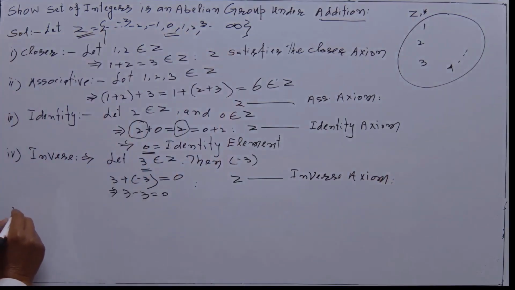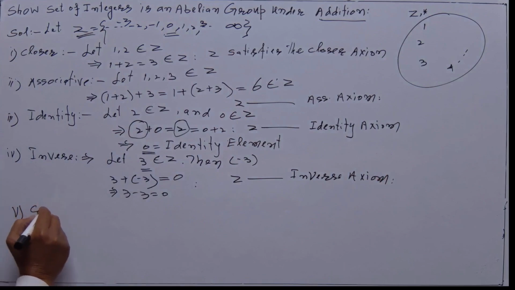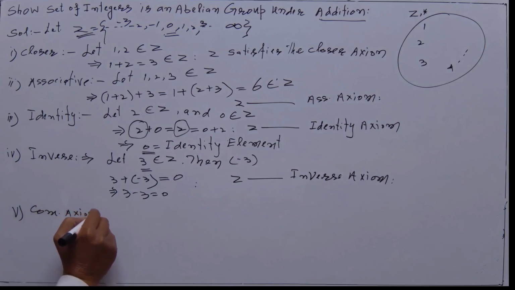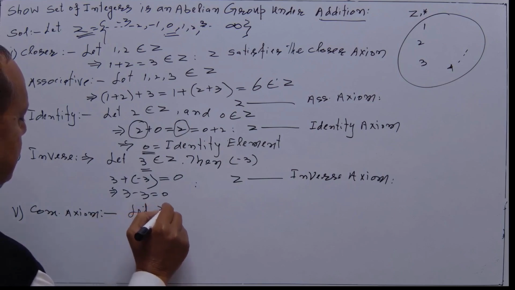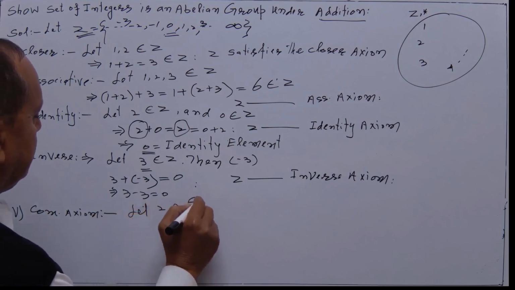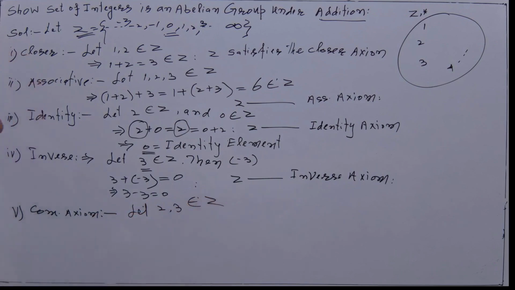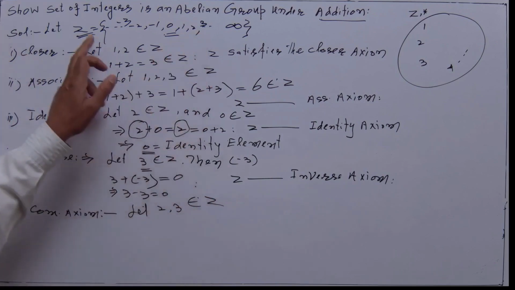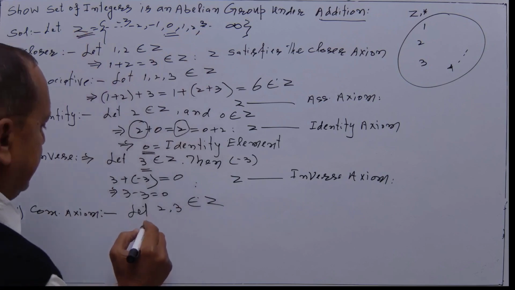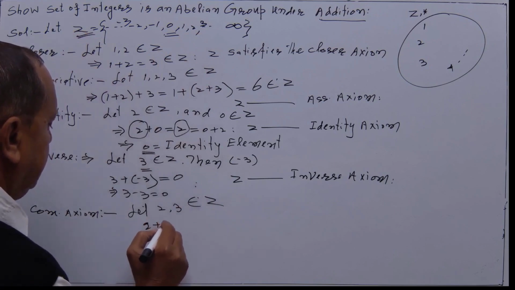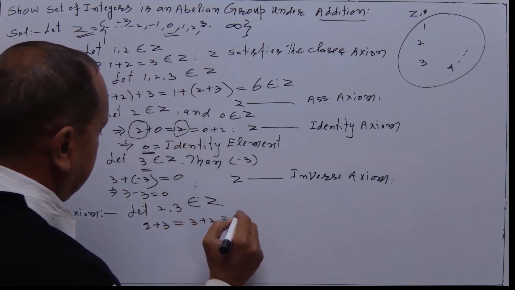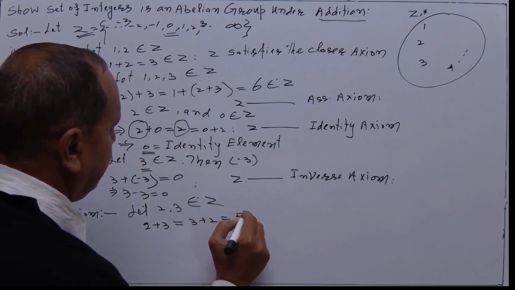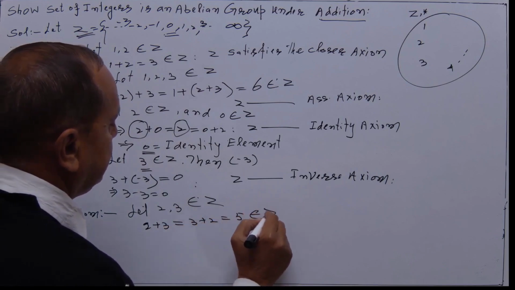And the last axiom is the commutative axiom, the commutativity. So let us take two numbers, 2 and 3. These are two numbers belonging to integers Z. Then 2 plus 3 must be equal to 3 plus 2, and in both cases the value is 5, and 5 also belongs to integers.